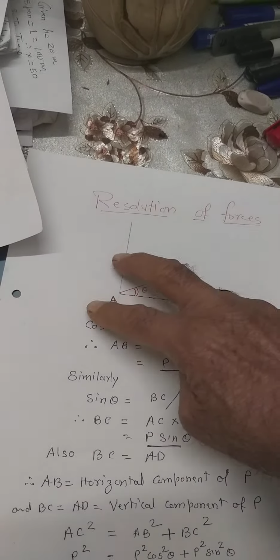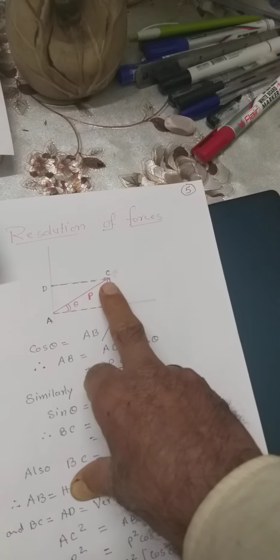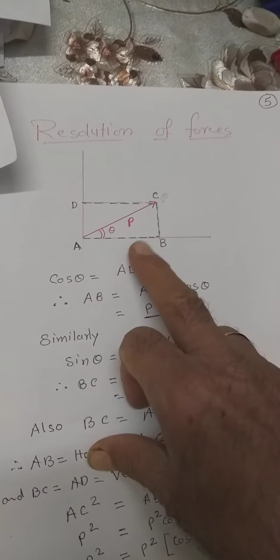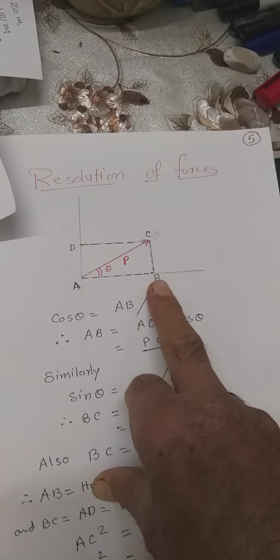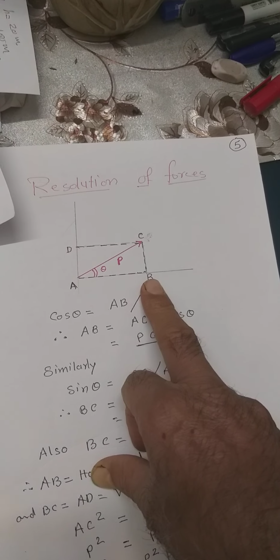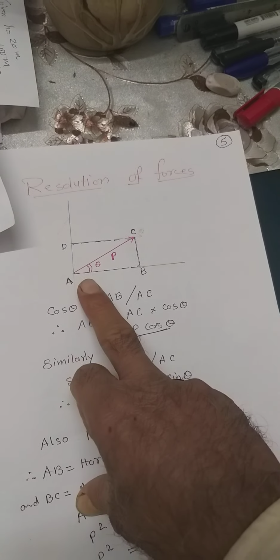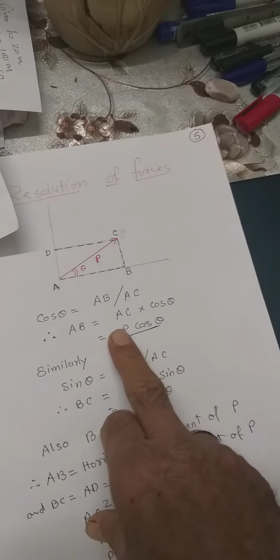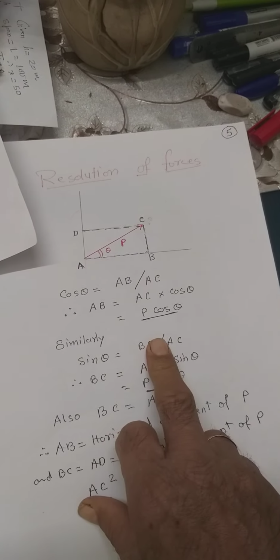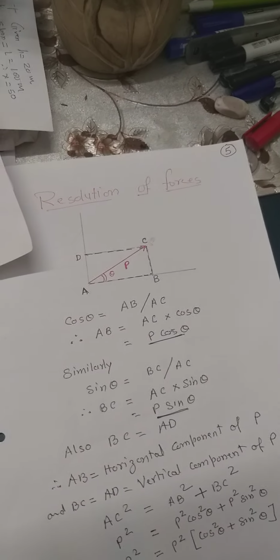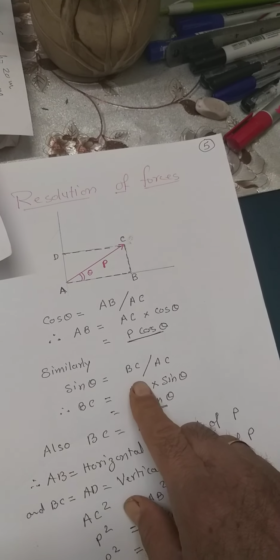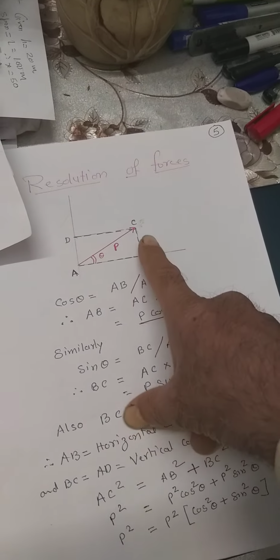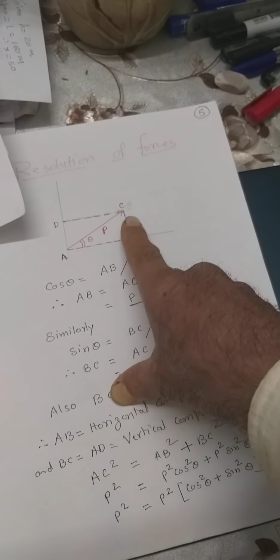So if we can find out the horizontal effect of this inclined force P, which makes an angle of theta with the horizontal line, then its effect will be AB, and AB is equal to AC cos of theta. Similarly, its vertical effect will be nothing but sin theta, perpendicular upon hypotenuse.